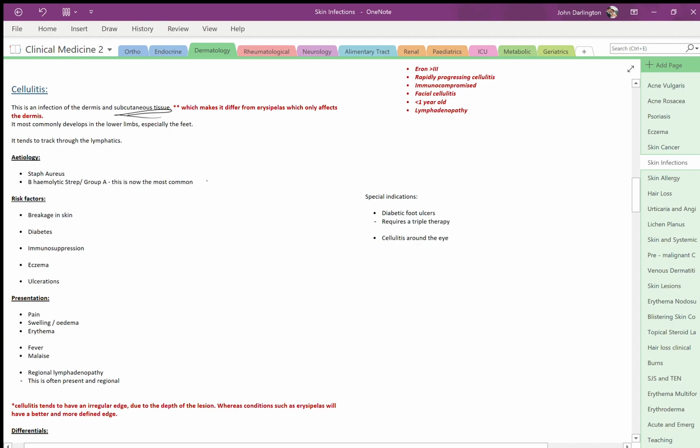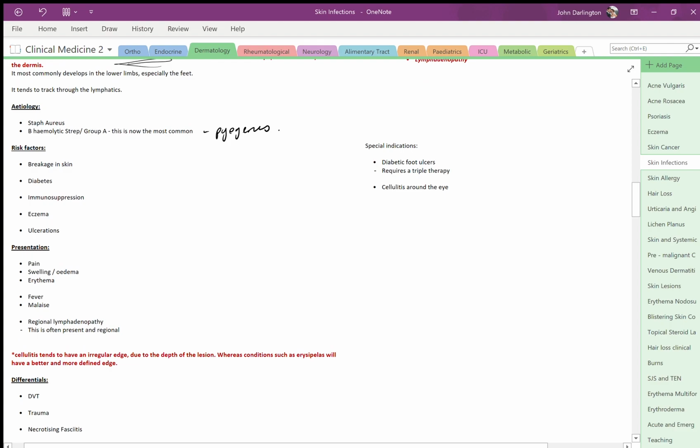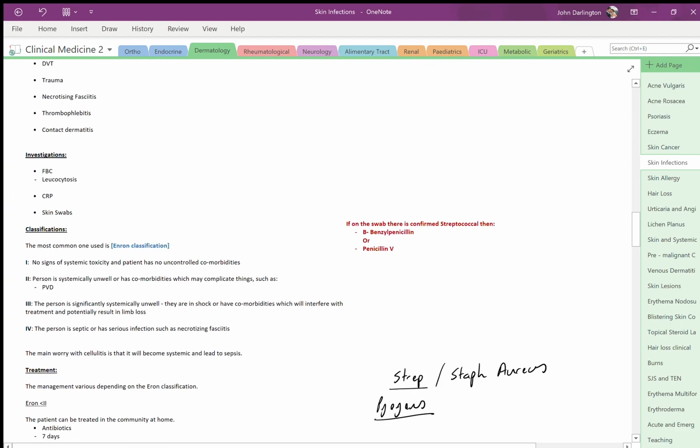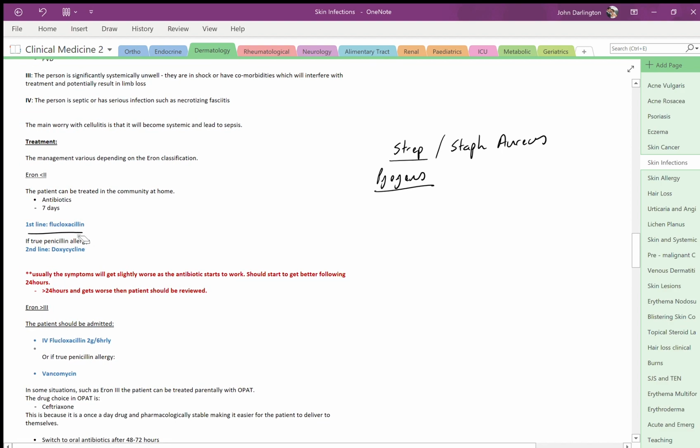As I mentioned before, that's pyogenes. So we need to give a drug that's going to take out both of them, and the drug that's most likely to take out both of them is flucloxacillin. Another important thing to think about is, should you give it IV or should you give it per oral, or by mouth?